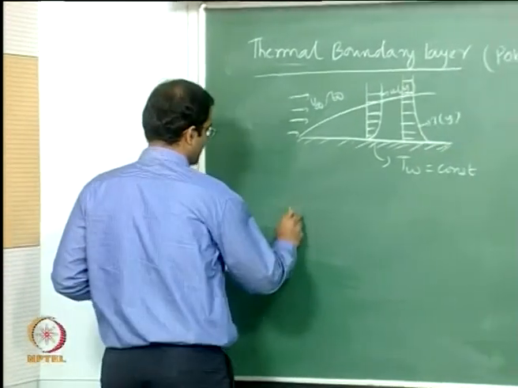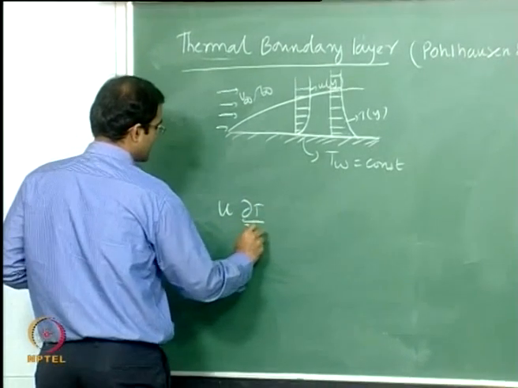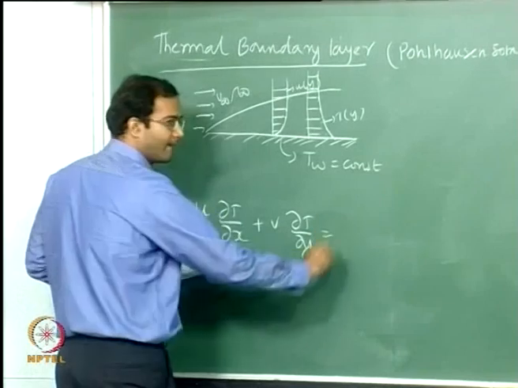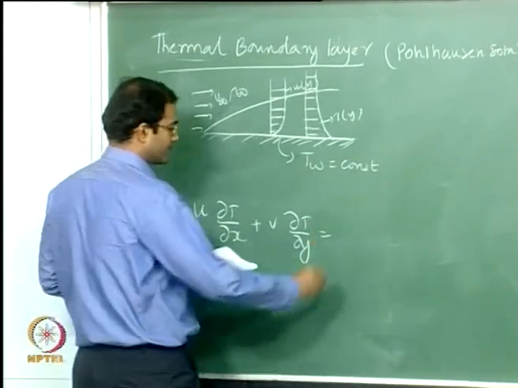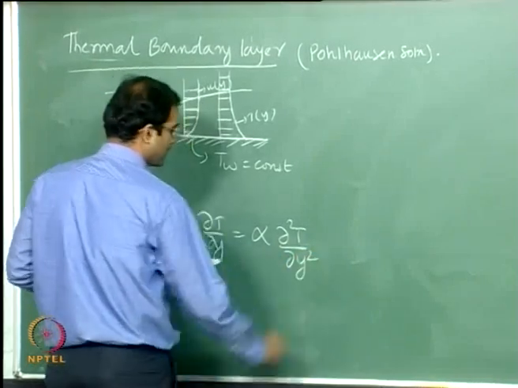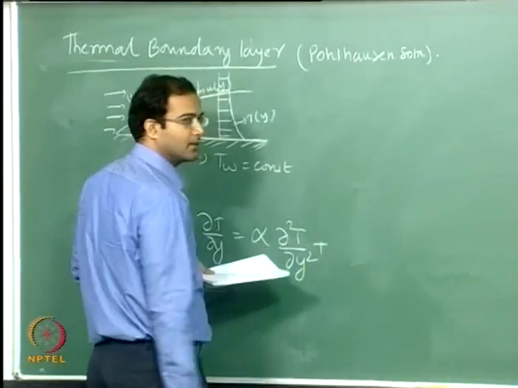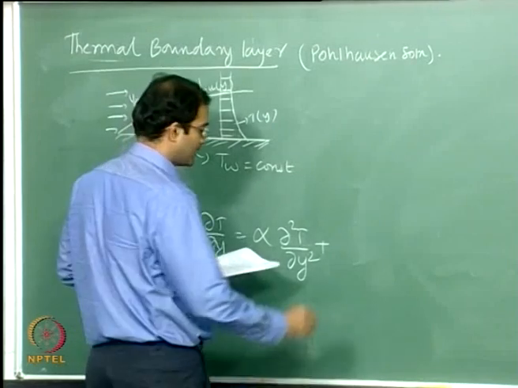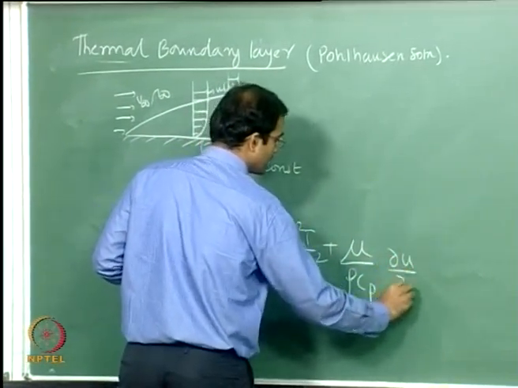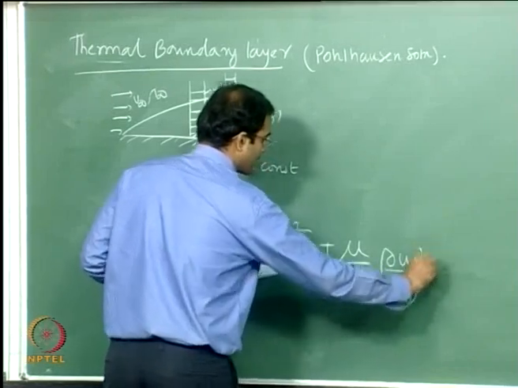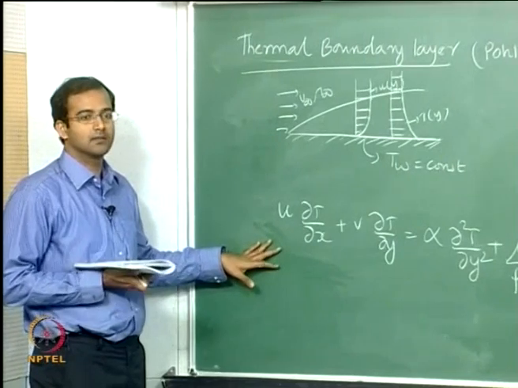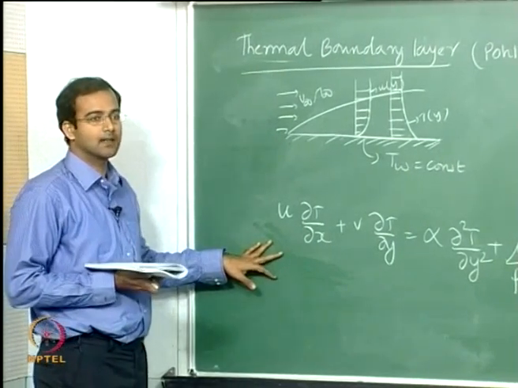So u dT by dx is equal to, plus mu by rho Cp into (du by dy) the whole squared. Okay, this is your boundary layer approximation for the energy equation, correct?